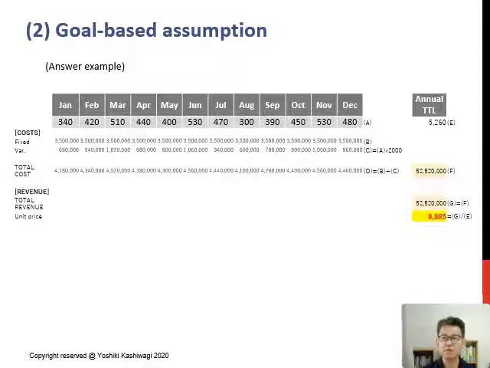So if you price lower than that number, which is 9985, you get negative profit in this year. So you have to price at least 9985 as a minimum price to get zero profits.